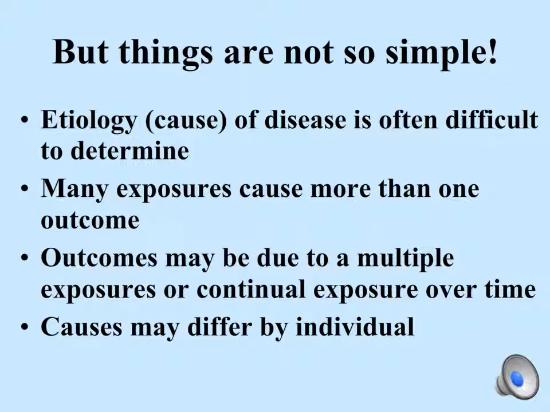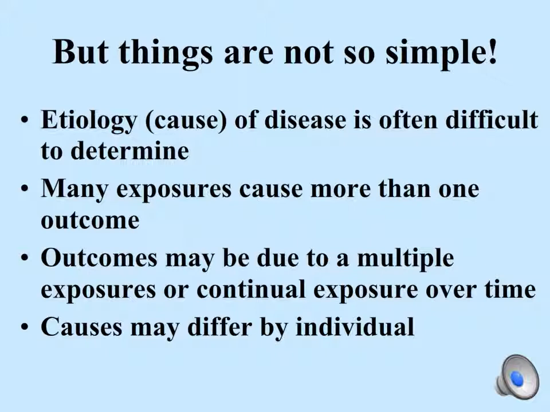The cause or etiology of disease is often difficult to determine. We don't know what causes some of the major cancers, for example, breast cancer, colon cancer, prostate cancer. We know that there are risk factors for those diseases, but it's very complex to try and determine in a simplistic or reductionist manner what is the cause of any one disease.